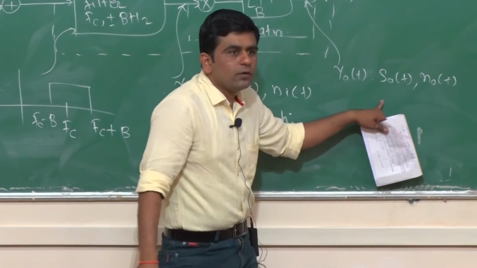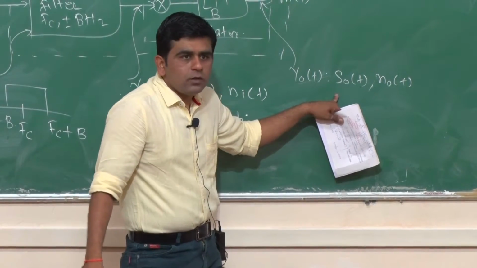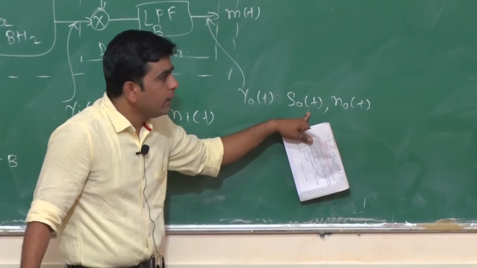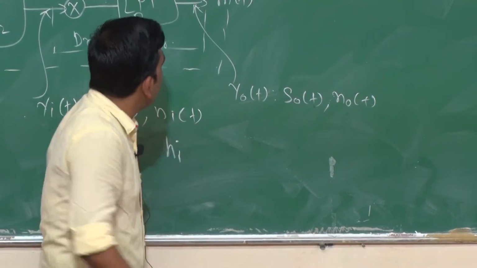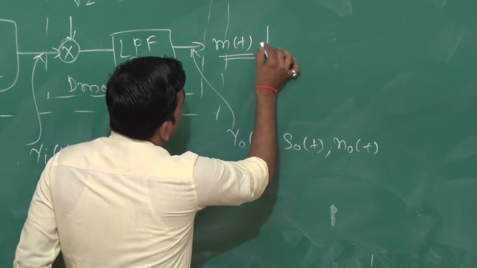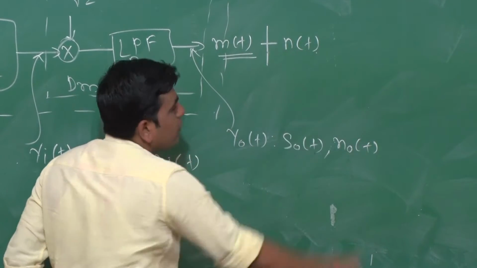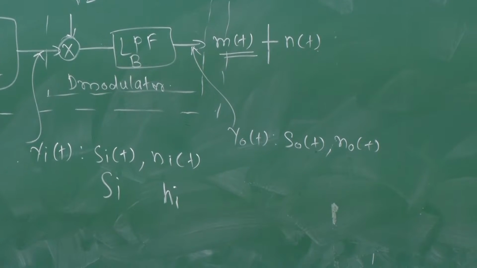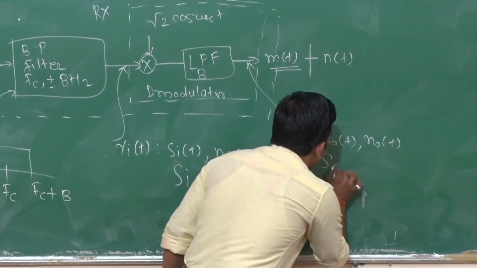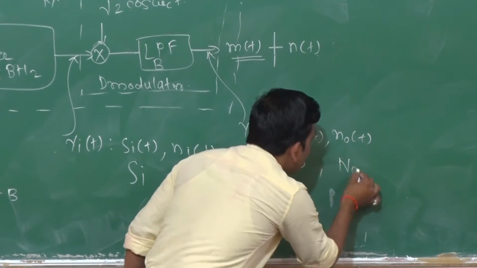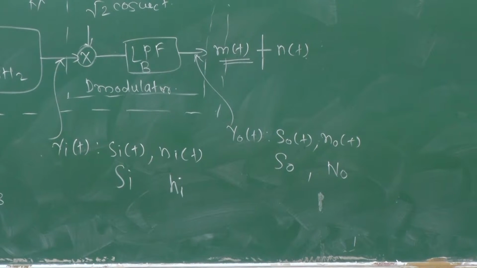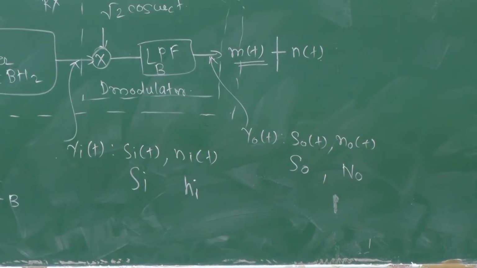Similarly, at output we will get y0 of t, which will contain the output signal s0 of t and n0 of t. Generally we desire this m of t, but some noise is added with your message signal. So here this is S0 and capital N0, the noise power of the filtered out noise process n0 of t.